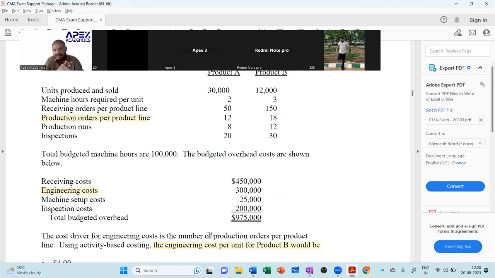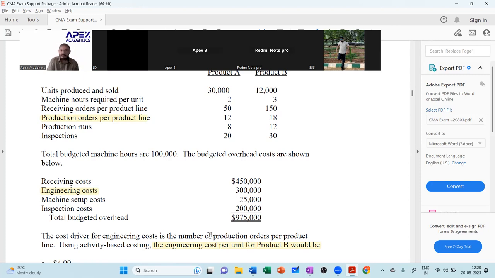But what you need to understand is that they have given you the total budgeted machine hours as 100,000. An allocation of the overhead based on machine hours can be comfortably calculated by a candidate in the examination, and this 9,75,000 breakup can be done on the basis of machine hours used in the entire process, which is not what the question wants you to do.